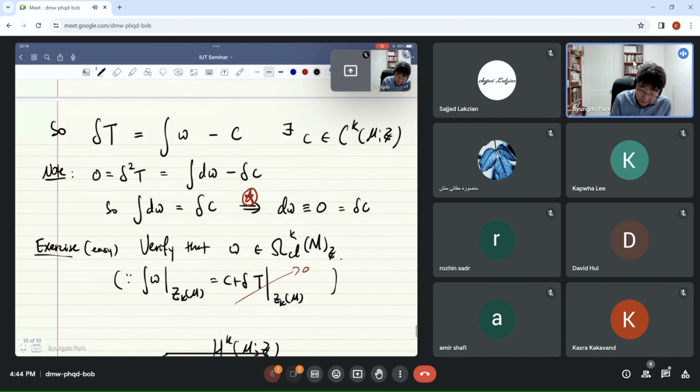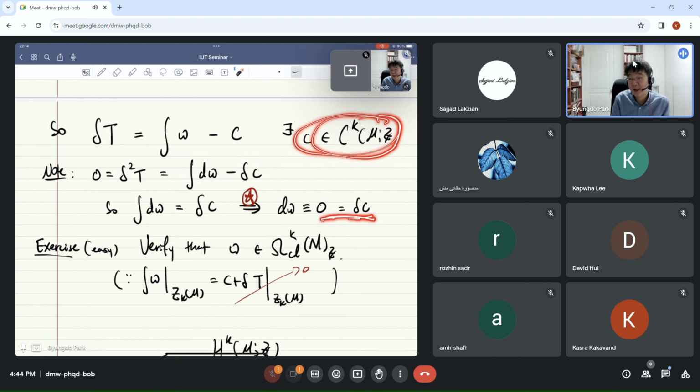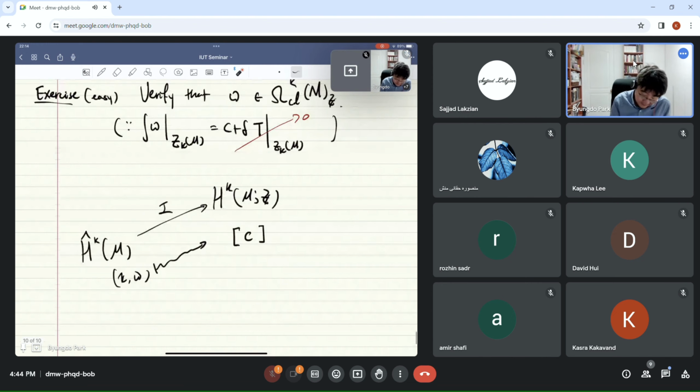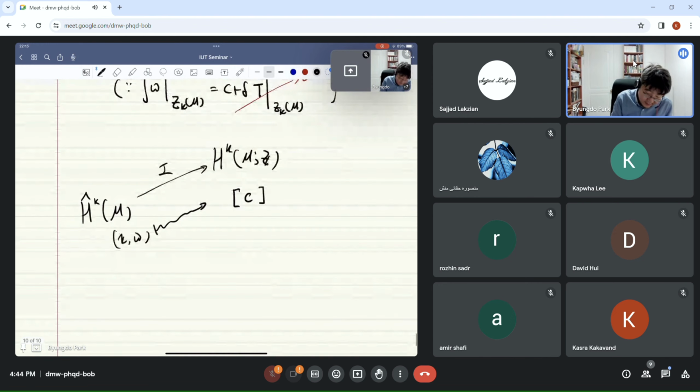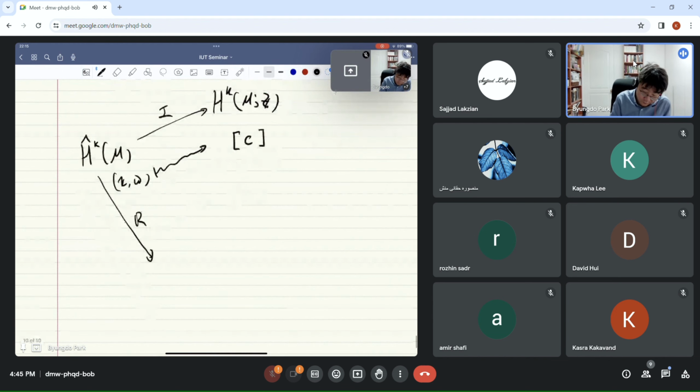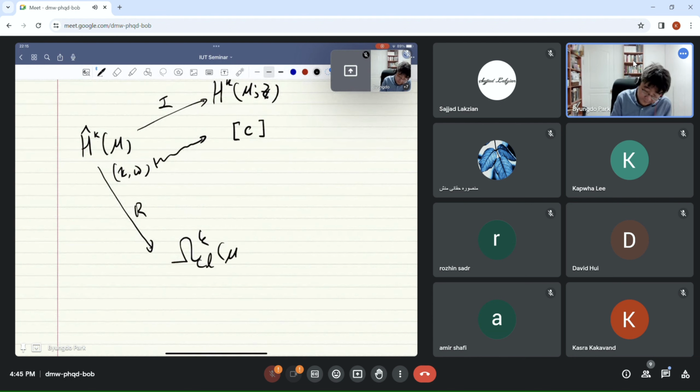Why can we do that? Because C was integral k chains, so this is a k cochain, but we have seen that this is actually a k cocycle, so that represents a degree k cohomology class. Then how about this R map that goes into degree k forms with integral periods? You take that and map it to just omega. Just take the second component. That's it.